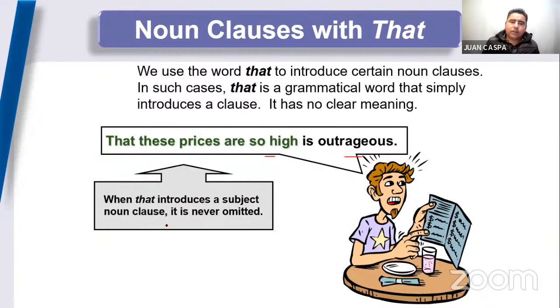Okay, it is never omitted, so we have to use it, right? That these prices are so high. It can't be omitted if it introduces a subject noun clause, or if we start with that, we're gonna use it because we are talking about a certain clause, right? It is to introduce a clause.